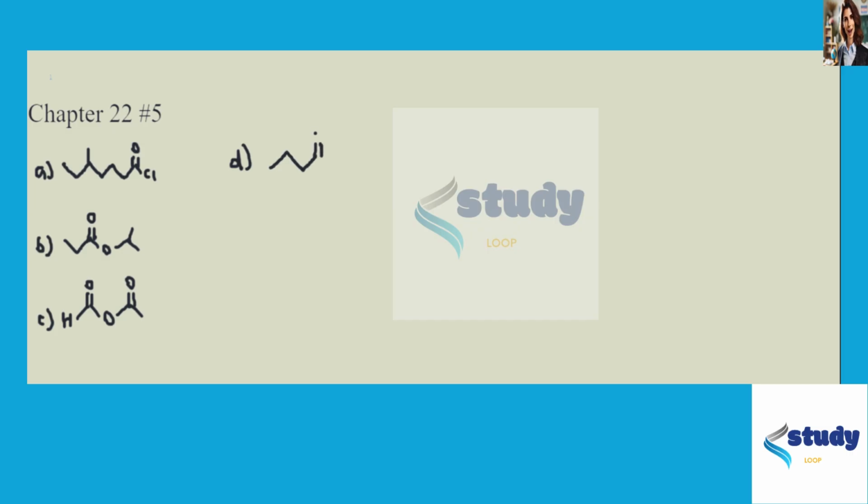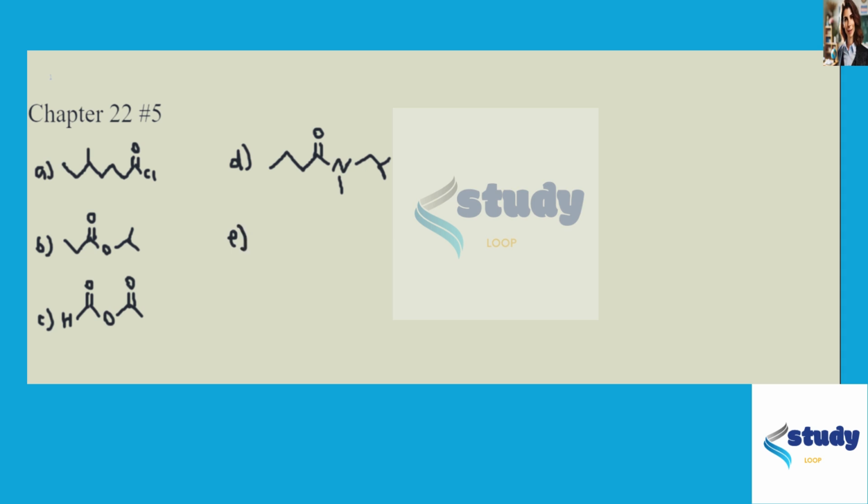Here's our carbonyl. Here's our nitrogen that makes this an amide. And then we have a methyl group on the N and an isobutyl group. And so there they are. So N-isobutyl N-methyl butanamide. So there we go.